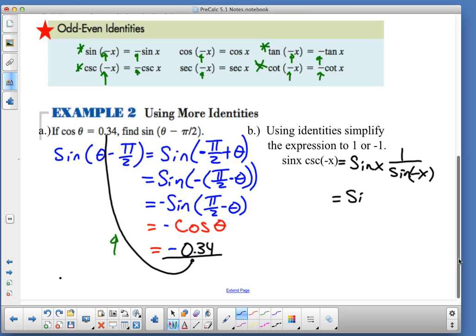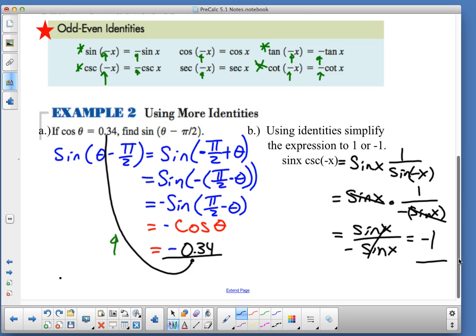I don't quite have them perfect yet, and I'm going to do that right now. I've got 1 over negative sine of x. Okay? So now when I'm in this position, my sines are going to cancel out, or divide out, I should say. And maybe it'd be better to see if I wrote it out more like this. So you saw that they are going to knock each other out.